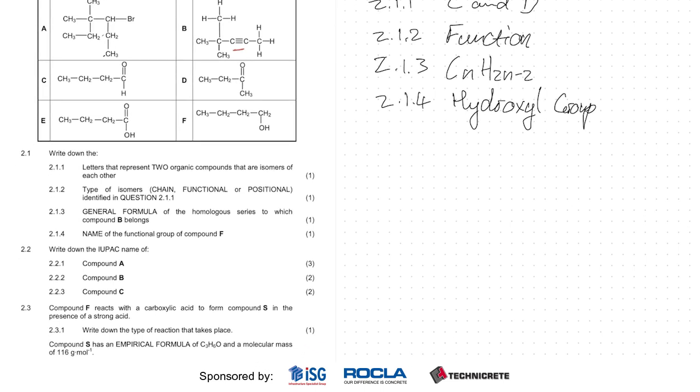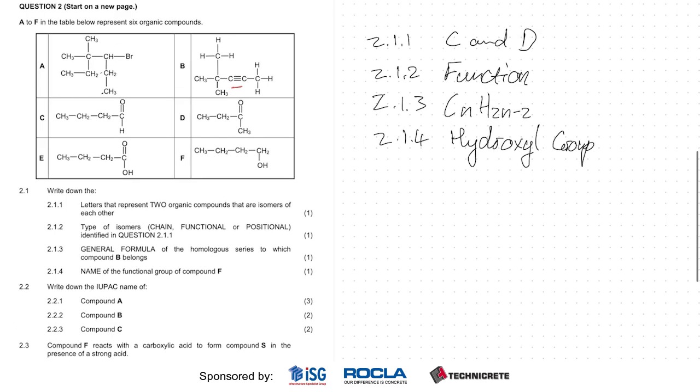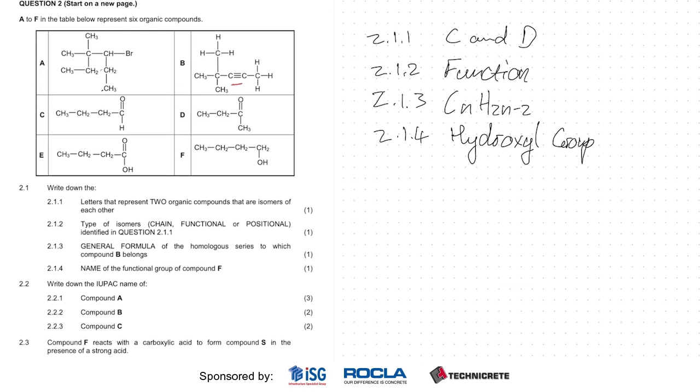Continuing with 2.2, okay. We're going to be naming some compounds. Write down the IUPAC name of compound A. Okay. So first of all, let's figure out which is the longest chain in our molecule. And the longest chain runs here.